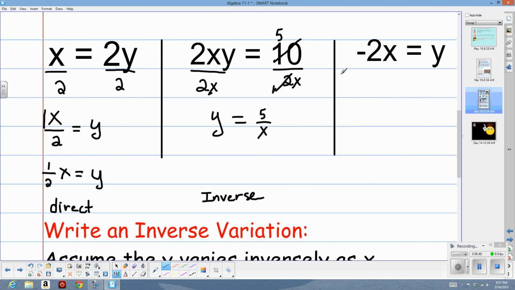Now this one is already solved for y. y equals negative 2x. That's in the form of y equals kx, so that one is a direct variation.